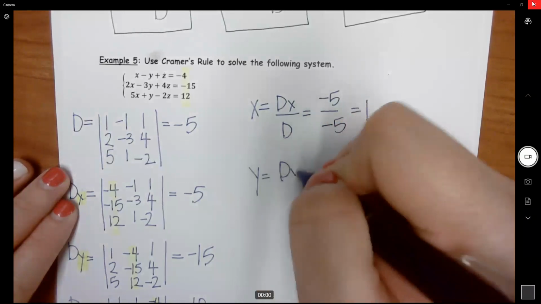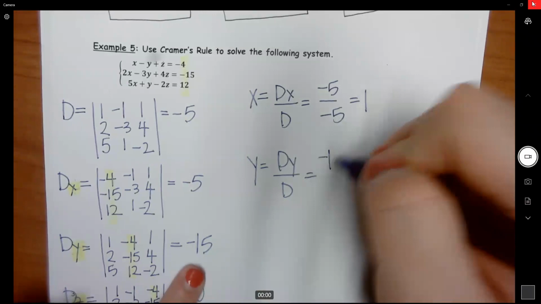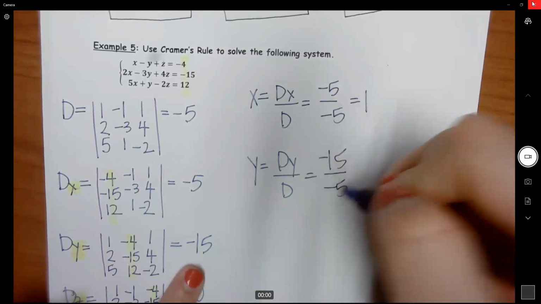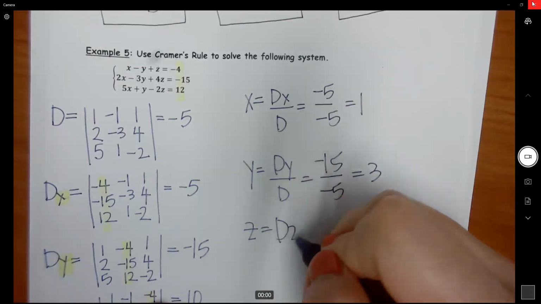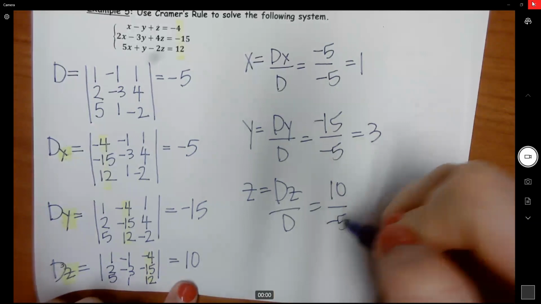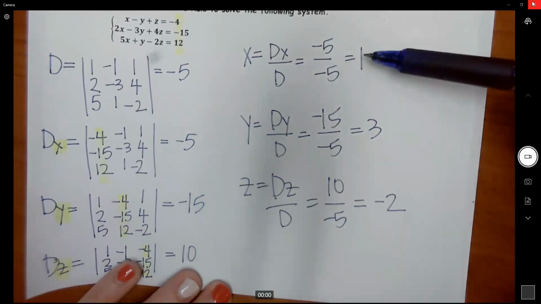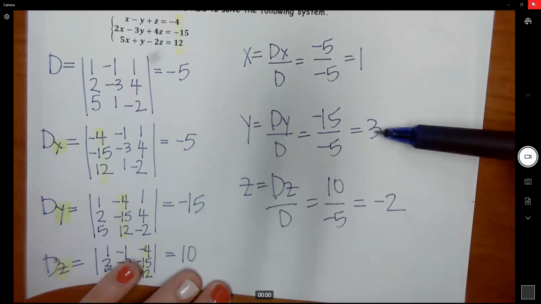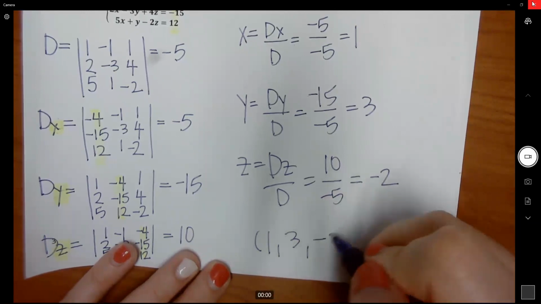Y equals D sub y over D. So we get -15 over -5, which is 3. And then z is D sub z over D, which is 10 over -5 to give me -2. So my final answer needs to be in an ordered pair, x, comma, y, comma, z. So this is 1, 3, -2.